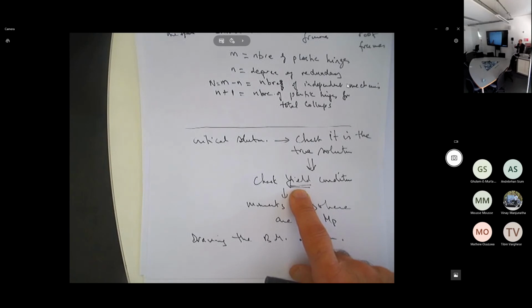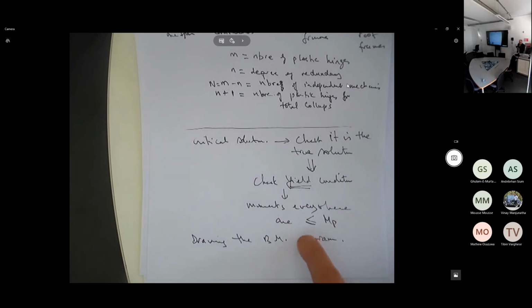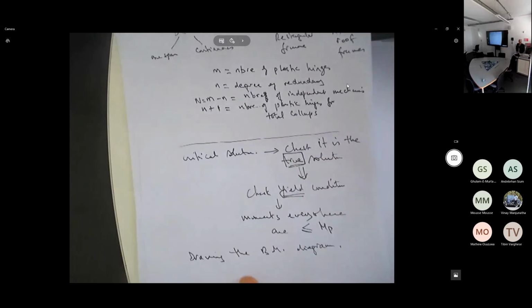Usually in our case, the mechanism and the equilibrium conditions are not a problem. Usually it's the yield condition that needs to be checked. And the yield condition means that the moment anywhere in the frame or the beam must be less than MP at every location. Because that will satisfy that your solution is the true solution.